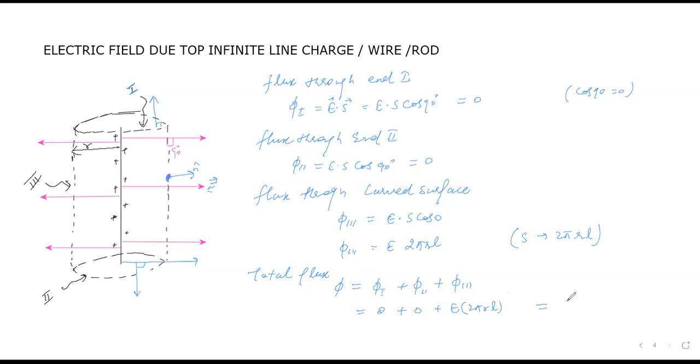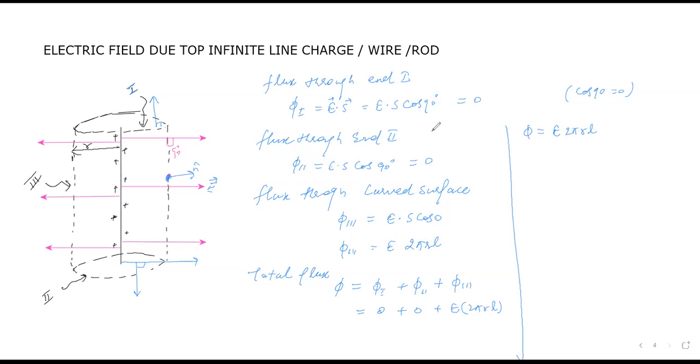Finally, you get phi is equal to E into 2 pi RL. This is the total flux passing through this Gaussian surface.